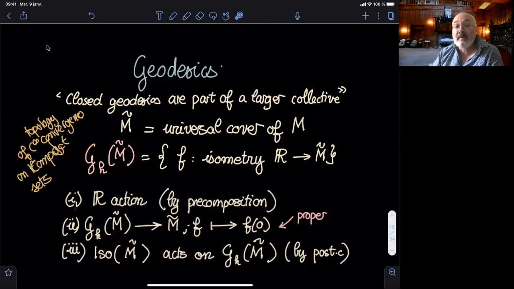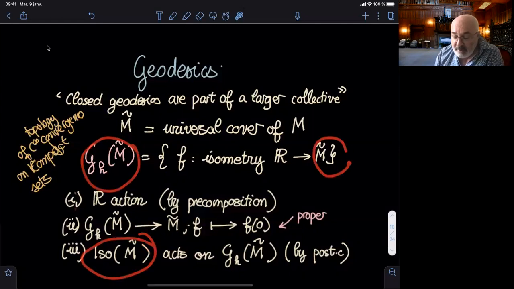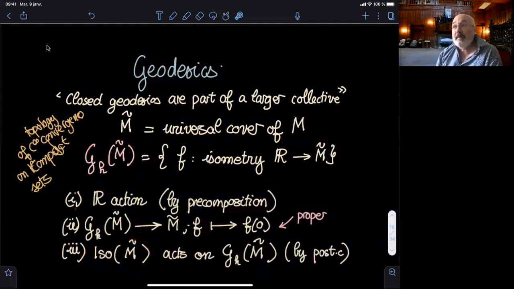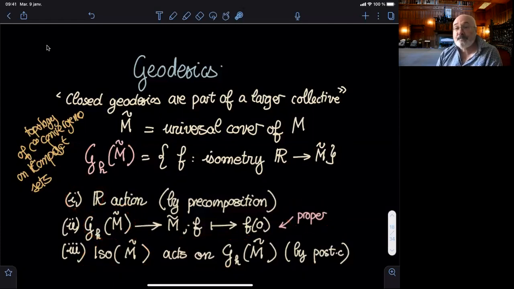If a sequence of isometries fn from R to M has fn(0) converging, then fn subconverges to something. Finally, this is a natural object in the sense that isometries of M twiddle act on it by post-composition, meaning on the left. So here are three properties: the R action, the proper evaluation map, and the action of the group of isometries.